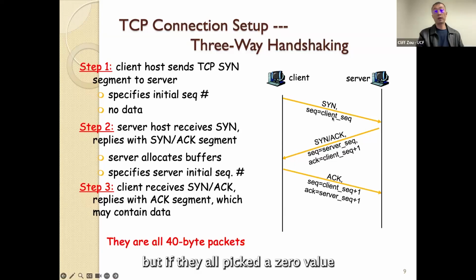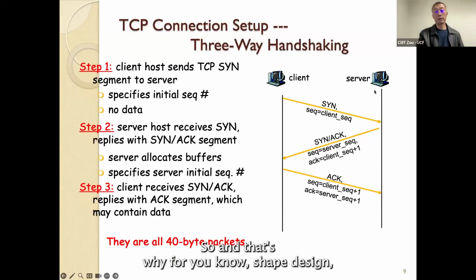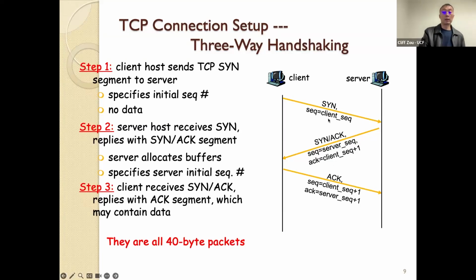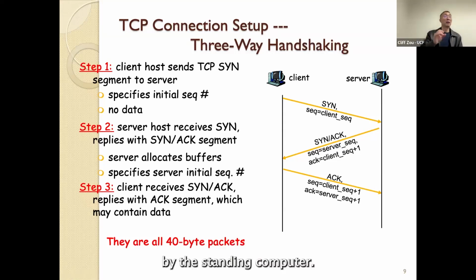But if they all picked a zero value as the initial sequence number, it would create a lot of trouble. So that's why in the TCP design, the sequence number starts from a random value picked by the client, the sending computer.